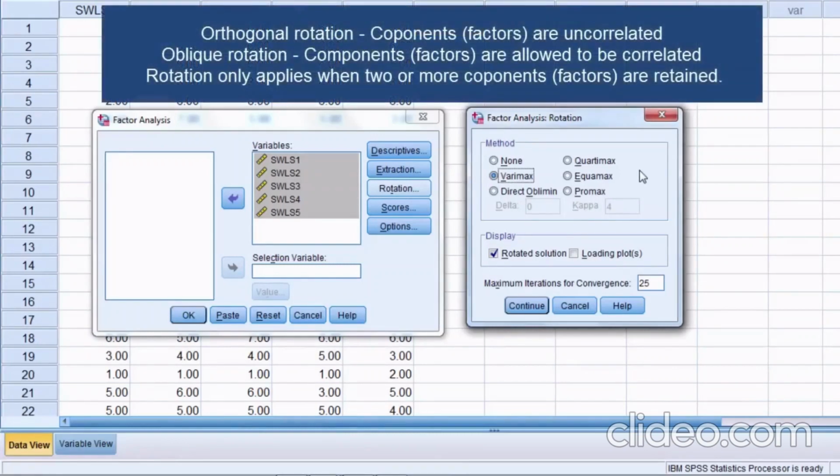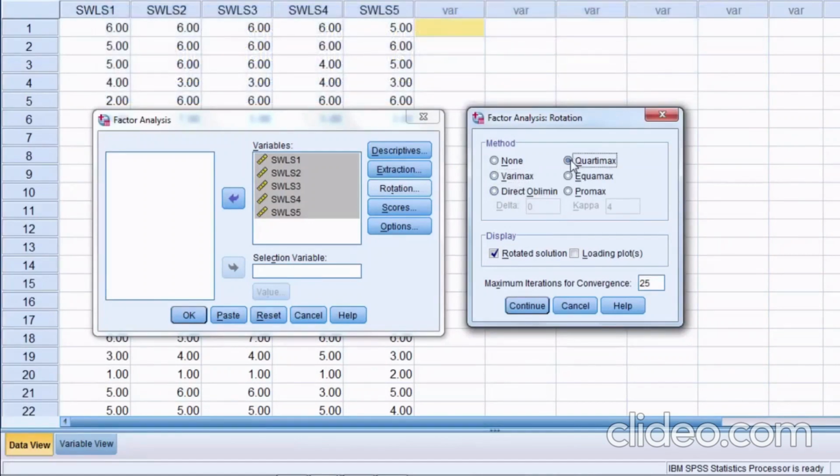Oblique, on the other hand, rotates in such a way that the factors are allowed to be correlated. So you'll get solutions where factors typically will be correlated to some degree. Of these rotation procedures in SPSS, Varimax, Quartimax, and Equamax are all types of orthogonal or uncorrelated rotation, whereas Direct Oblimin and Promax are oblique or correlated rotations.